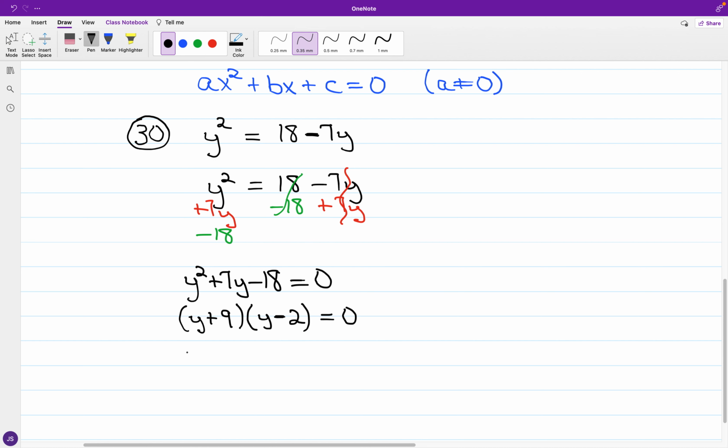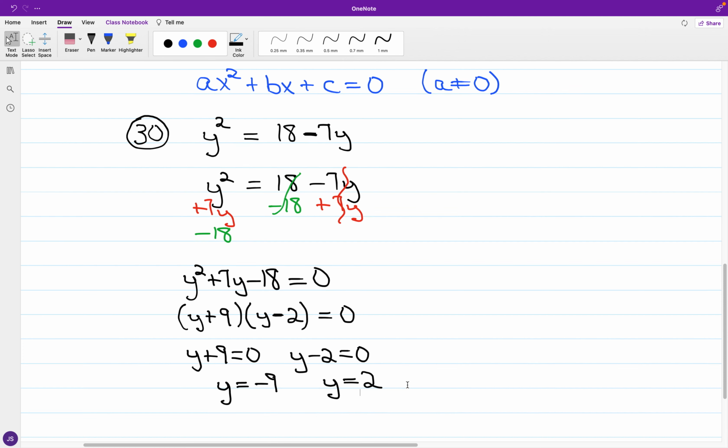Now, with the zero product property, I can set each of the factors to 0. With y plus 9 equal to 0, we have y equal to negative 9 as one solution. The other solution comes from setting y minus 2 equal to 0, where y is equal to 2.